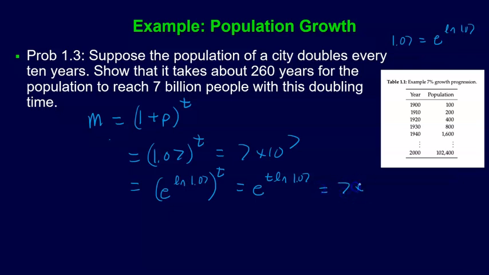Again, that equals this multiplicative factor of 7 times 10 to the 7. And what do we do? Well, I take the natural log of both sides. So the natural log of this gives me t natural log of 1.07, and that's going to equal the natural log of 7 times 10 to the 7. And so I can solve for t.